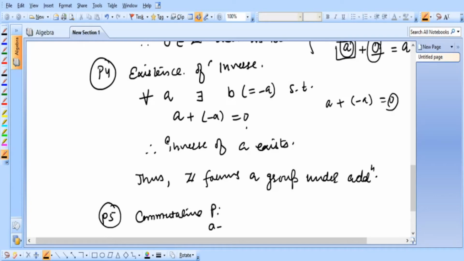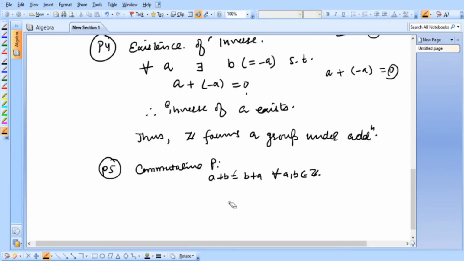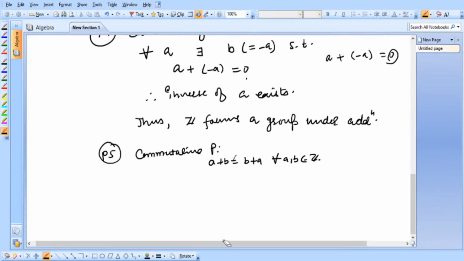Because we know a plus b is always equal to b plus a for all a, b belonging to Z. Therefore the fifth property is also satisfied. Therefore we can say this group is an abelian group. Right.